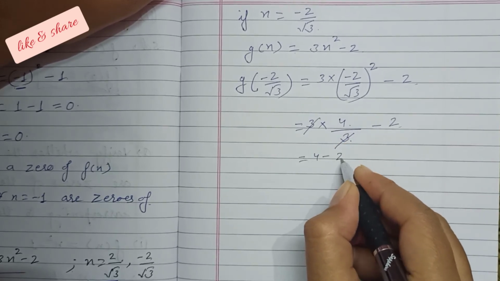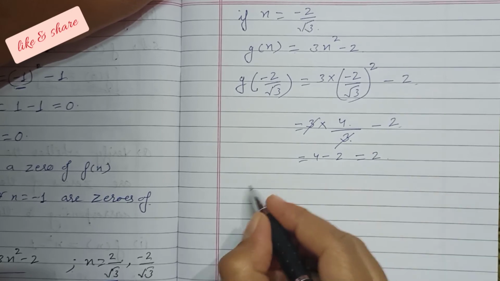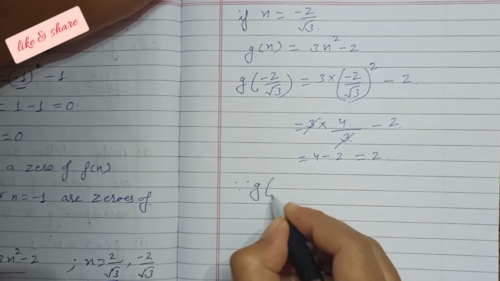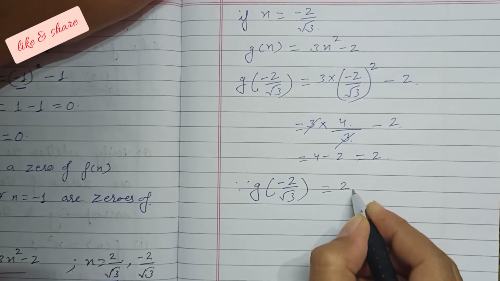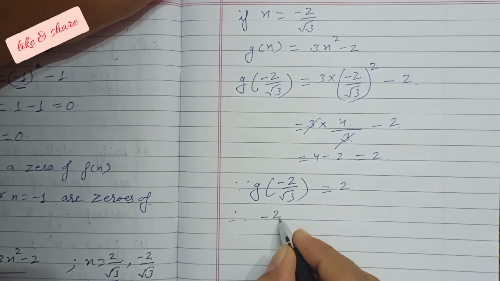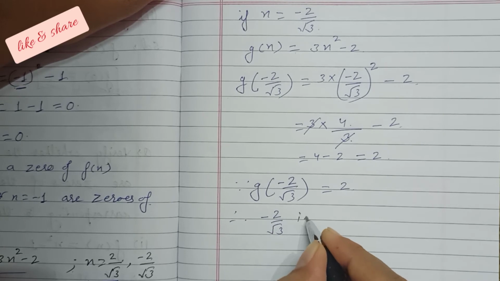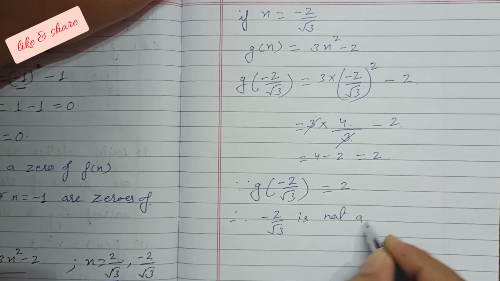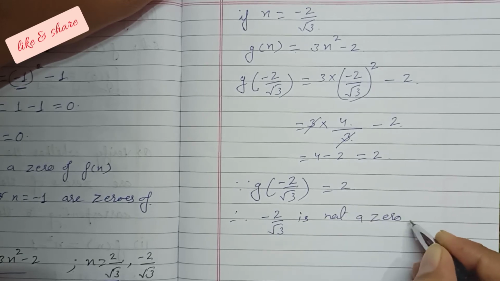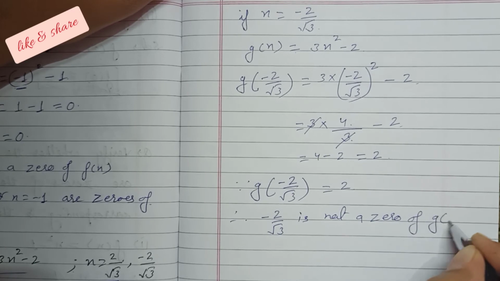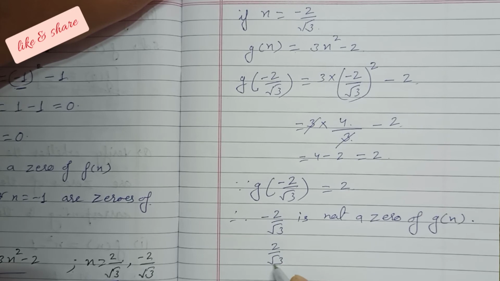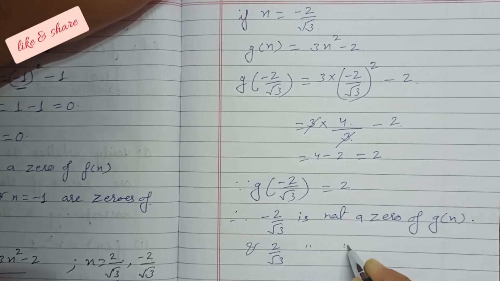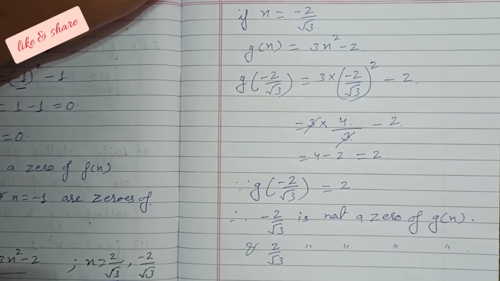Again we will get 4 minus 2, that is equal to 2. Since g of -2 by root 3 is equal to 2, therefore -2 by root 3 is not a 0 of the given polynomial g of x. Also 2 by root 3 is not a 0 of the given polynomial g of x.